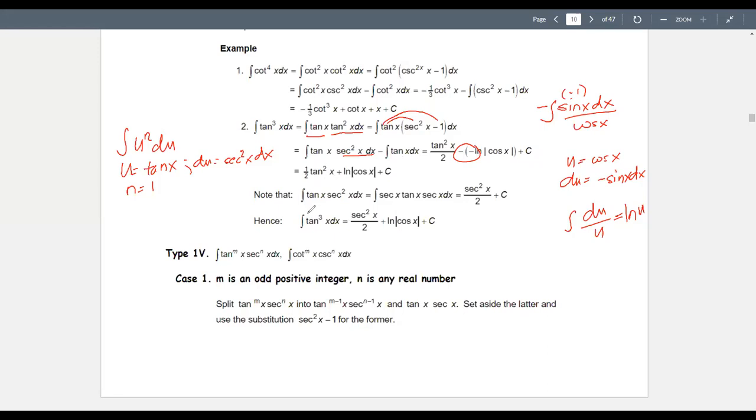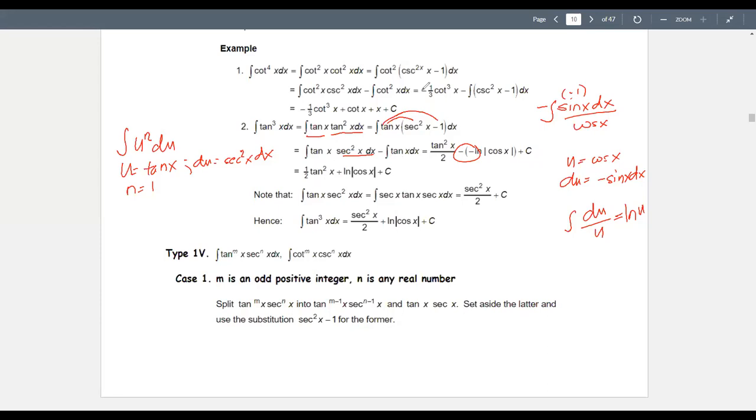Note that your tangent of x, secant squared of x is secant x tangent x, secant x dx. If I use a different color, you will see a different way of solving.